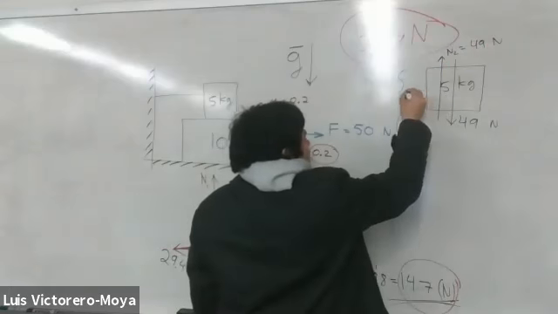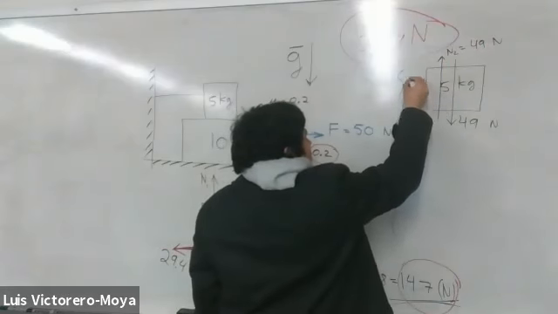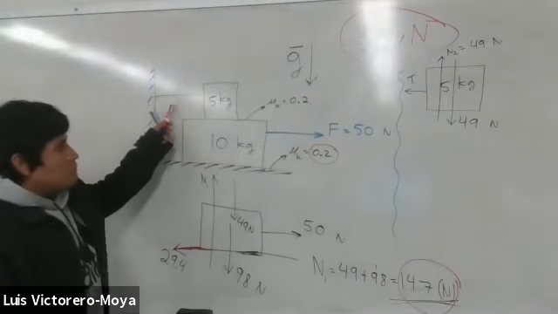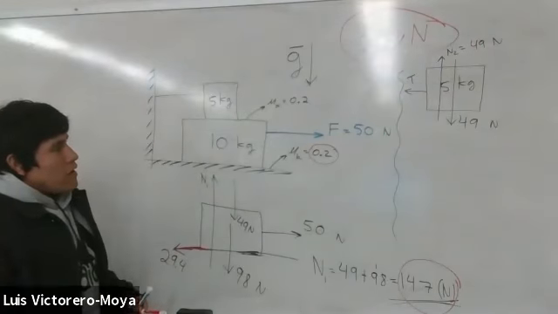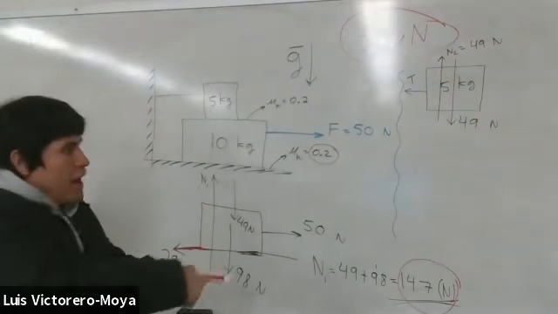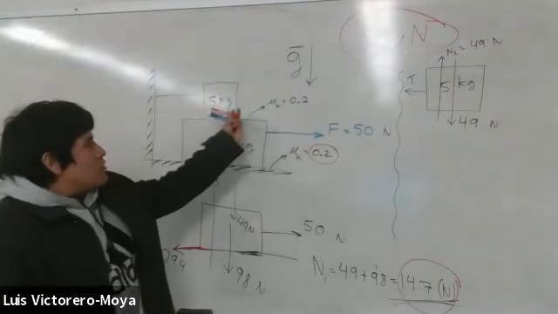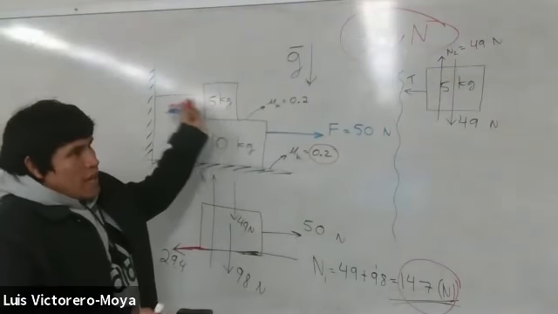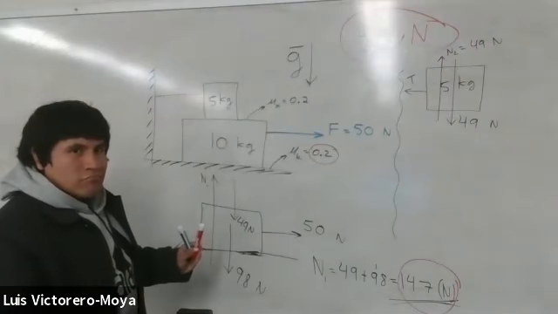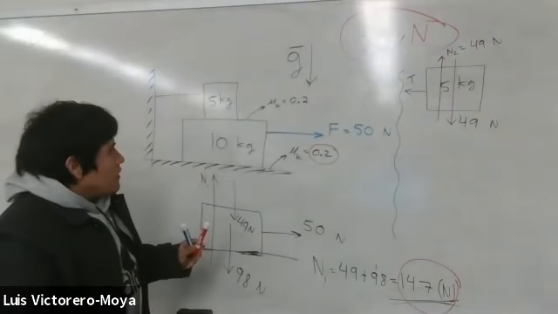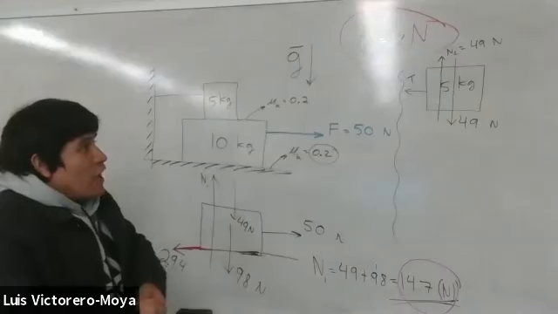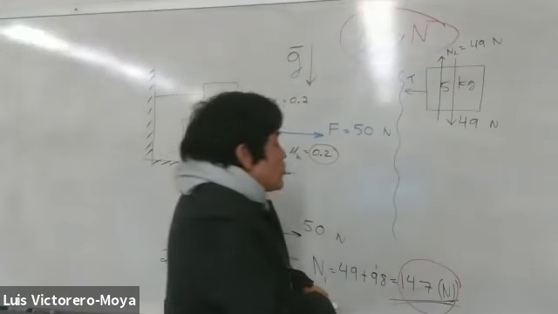There is a tension acting here that is pushing it towards the wall. So when you are pushing this body, this object is going to try to go towards the left because of the tension. Then there is friction, and friction is always opposite to the motion.